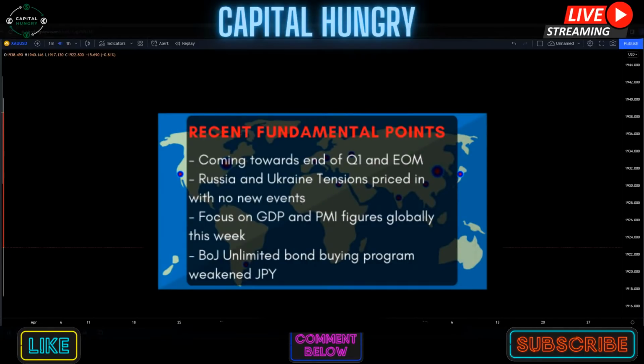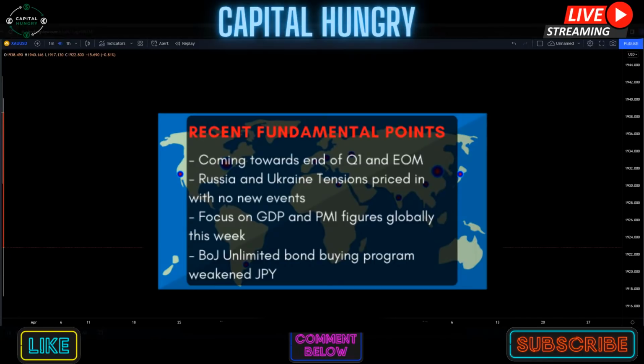So some recent fundamental points that we have to keep in mind, especially as we're trading some of these currency pairs, equity markets, precious metals such as gold, is we do have a bit of a slowdown in volume and overall volatility as we're coming towards the end of Q1 and the end of the month. Of course, we had some very large moves, for example, like we saw on GBPJPY and other yen pairs, but this was primarily induced due to the Bank of Japan's unlimited bond buying program over the London session, which obviously brought some short-term weakness to the Japanese yen.